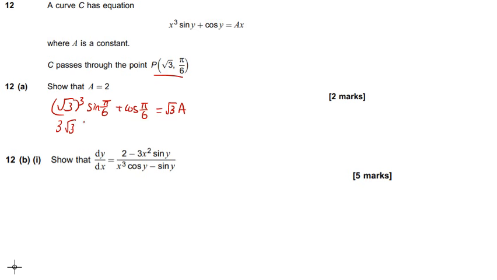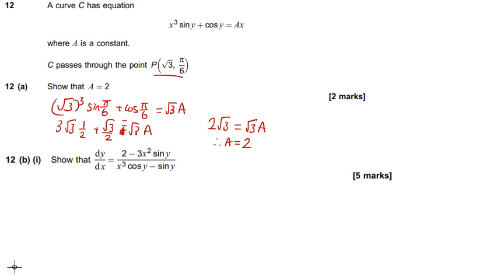Sine of pi over 6 is a half. Cos of pi over 6 is root 3 over 2. So we get that the left hand side, I've got 3 over 2 lots of root 3 plus another half of root 3. Oops, sorry, that should be equals. So I've got 2 root 3 is equal to root 3a. So therefore a is 2, as we were asked for.